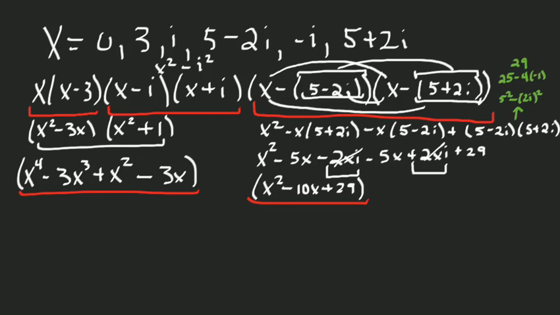There we go. Now, this is not technically FOIL anymore. Why? I don't have 2 and 2. I can't do first, outer. It'd be first, then so many times, then last. That's not FOIL. Okay?